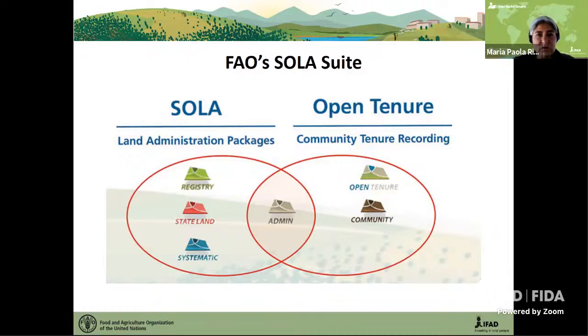And then there is the community server, which provides web access to the data that is collected through the mobile application, and can manage the process to go from the uploading of the data to the validation of the data and to the generation of maps that can be validated.